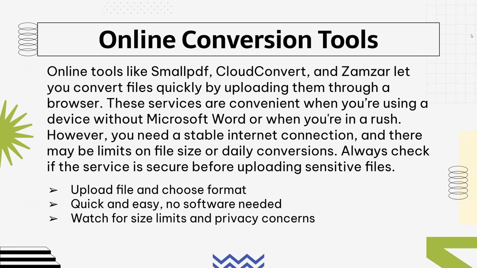So you can just find this on your web browser, no app needed. And these services are convenient when you're using a device without Microsoft Word or Google Docs, or when you're in a rush. And it's more useful if there are really unique or unusual file formats, stuff that you won't find when you're converting a Microsoft Word doc directly.